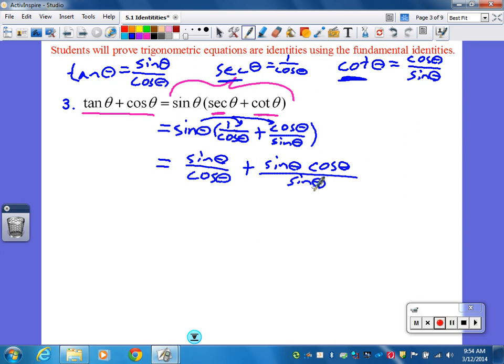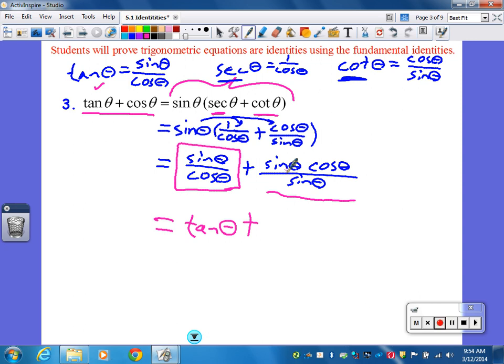Which now we look at it and we say, oh, I have tangent right here. So I'm good with tangent. Now let's look at this term. Well, all right, tangent theta plus, okay, I have sine times cosine divided by sine.